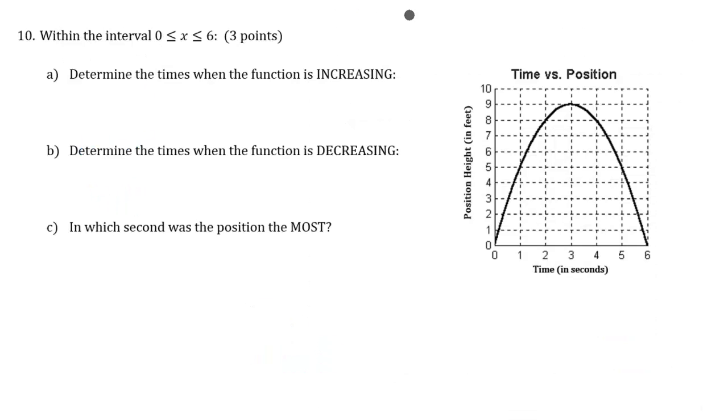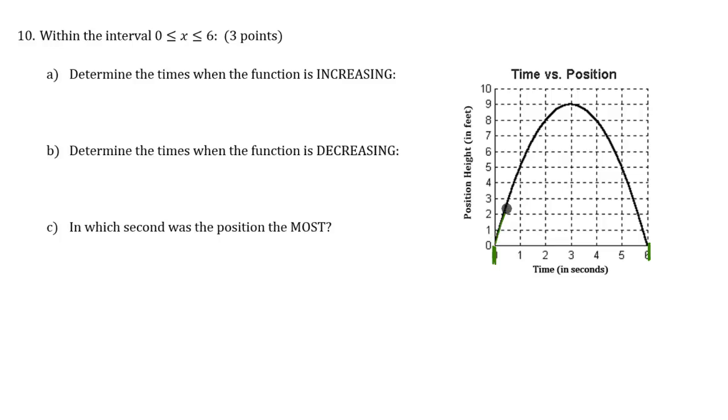Question number 10 is looking at an interval, and it wants to figure out at what part of this interval are we increasing. So the interval is from x equals 0, so that's going to be where x is replaced by time, so it starts there, and then it goes all the way up through this parabola past the maximum height, down here, and our x value is there. So between these two values of time, where are we increasing on our vertical axis here?